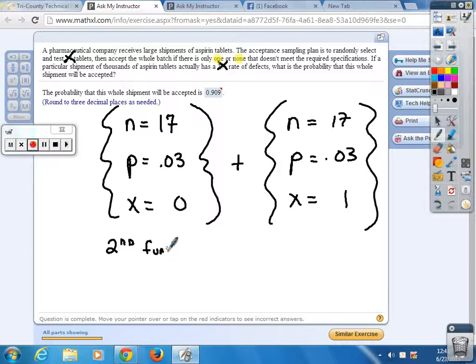I'm sorry, second bars. Binomial PDF? Is that the one? And then you're going to type in n, comma, 0.03, and 0. Should. Okay, I got it. Huh? I got it.